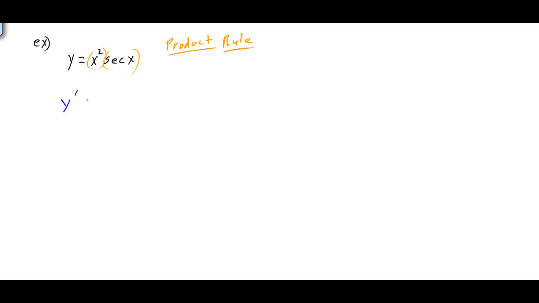So the product rule says we're going to take the first piece and multiply that by the derivative of the second, and the derivative of secant, we just learned, is secant x tangent x, plus your second function, which is secant x, multiplied by the derivative of the first, which is 2x.